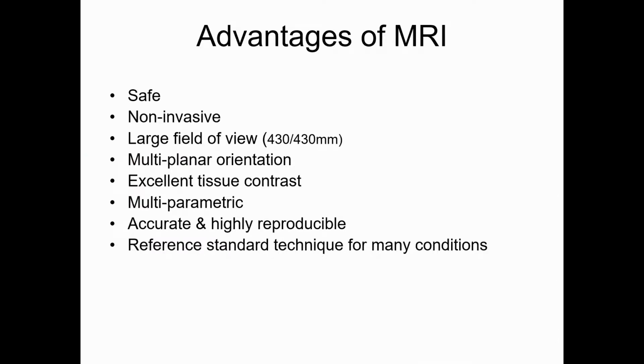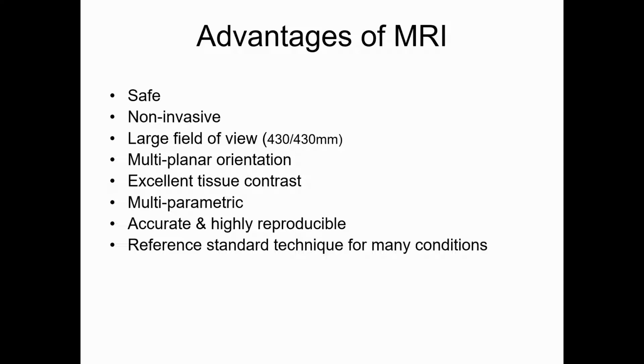What are the advantages of MR? Again, you'll know this, it's not particularly exciting. It's a safe modality, there's no ionizing radiation, it's non-invasive, very large field of view like CT, so we get full cross-sectional imaging, multiplanar orientation, so we can plan that imaging plane in any of the 3 dimensions that we like. We've got fantastic tissue contrast between blood, myocardium, and the surrounding tissues such as fat. You've seen it's multi-parametric.